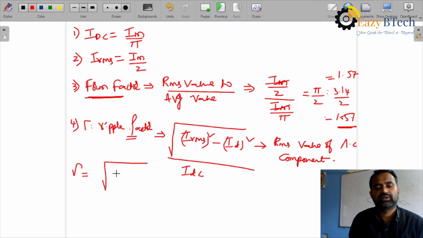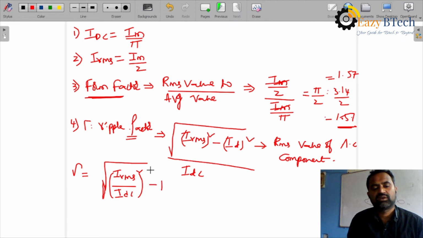If you make common here, we will write IRMS by IDC whole square within the root, minus 1.